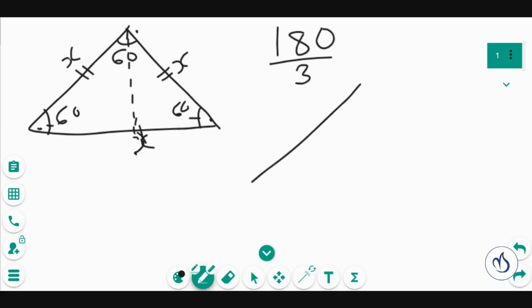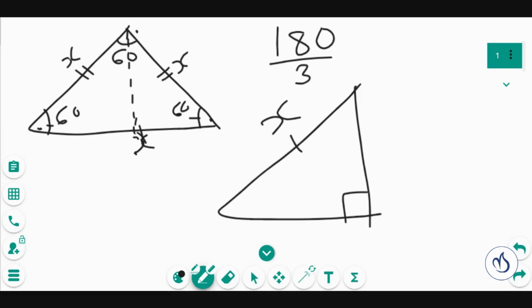I get a right angle triangle. When I just take one piece, this length was x. This angle is 60 degrees.